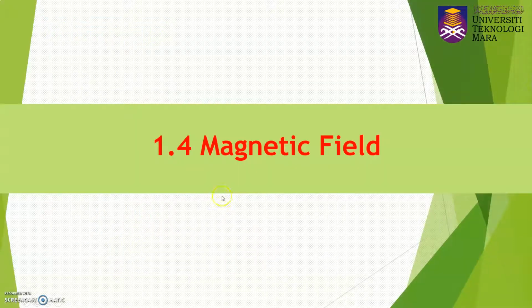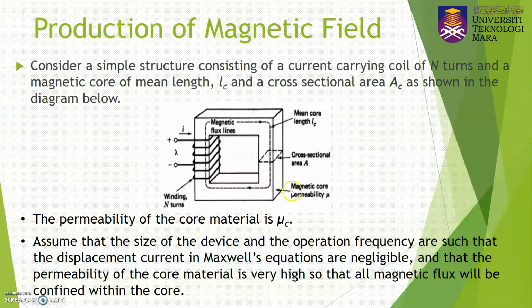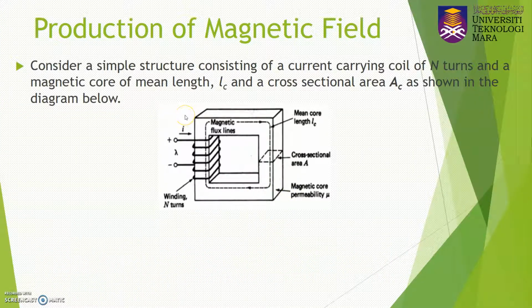The first subtopic that we are going to cover is the magnetic field. How to produce the magnetic field? Consider that you have a simple structure, just like shown in this diagram. This is your magnetic core, with a mean length of LC. LC represents the mean length of the core.